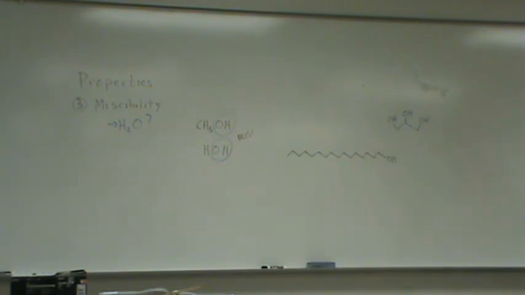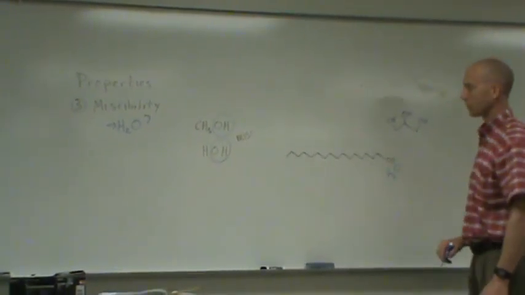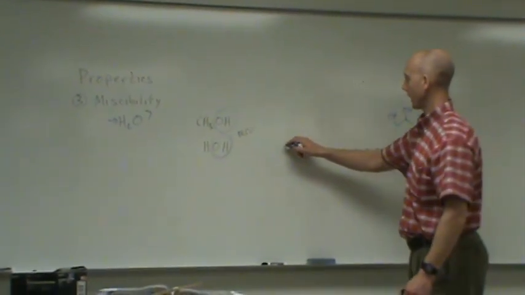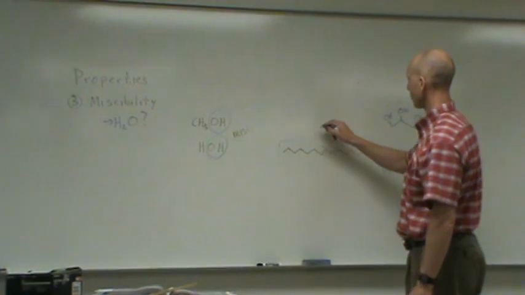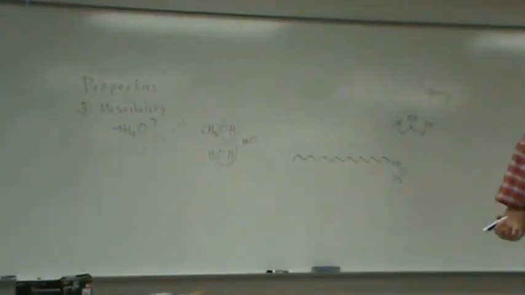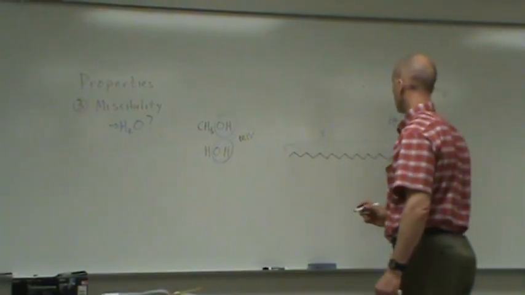So this end here would mix with water. But all these carbon atoms, they don't have anything to do with water, do they? There's no similar structure. There's no polarity.